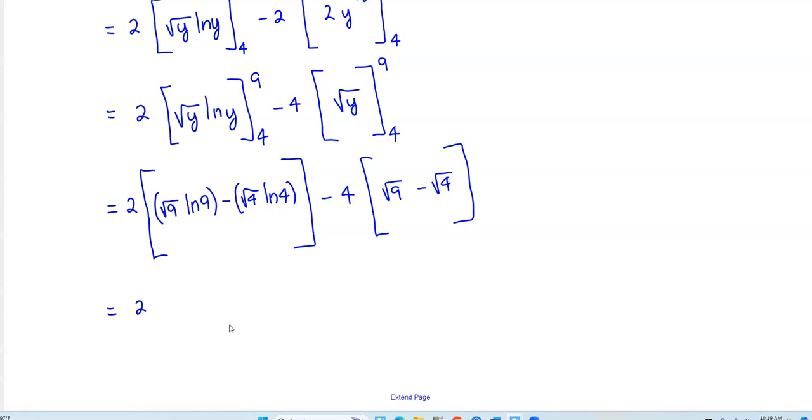So we have 2 times the square root of 9, which is 3, times the natural log of 9, minus the square root of 4, which is 2, times the natural log of 4, minus 4, the square root of 9 is 3, minus the square root of 4 is 2.